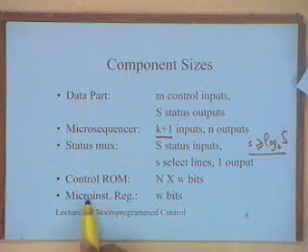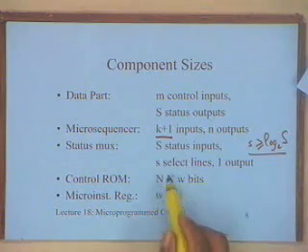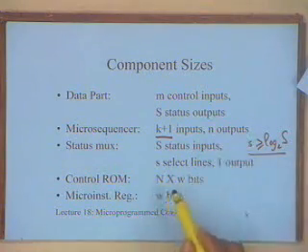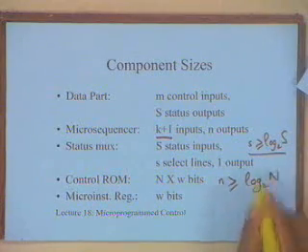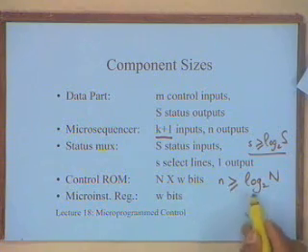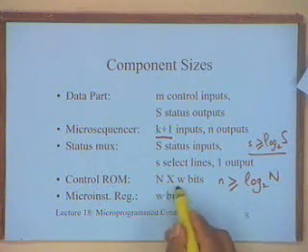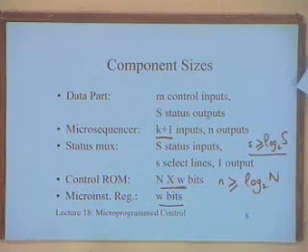And when we consider the control ROM, n address lines are going to select, so n is again greater than or equal to log 2 of the capital N micro instructions that are stored, and these micro instructions have to be addressed by address lines. So the ROM size itself is N into w, w is the width of this, and the micro instruction register is w bits wide. These things will get cleared.